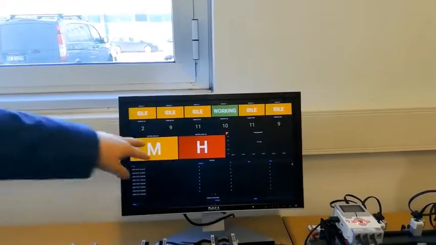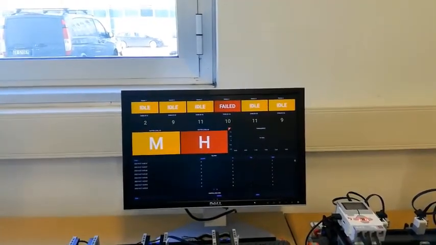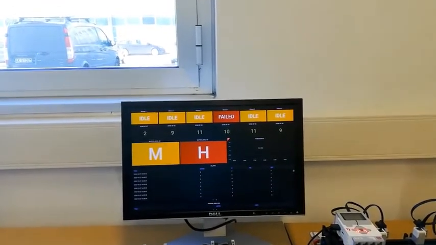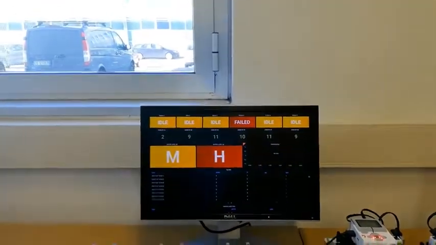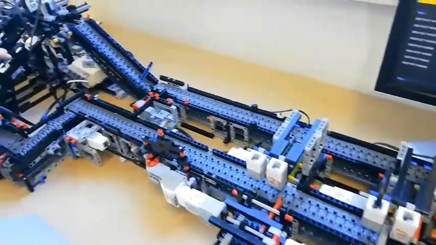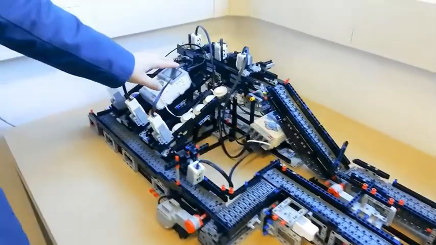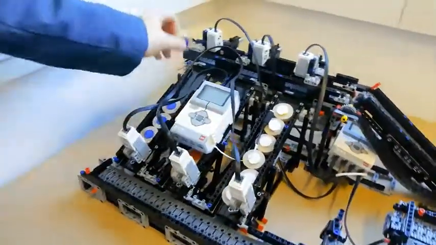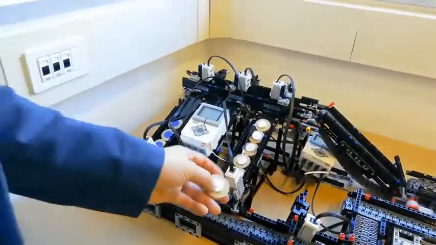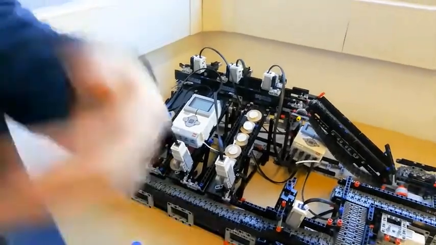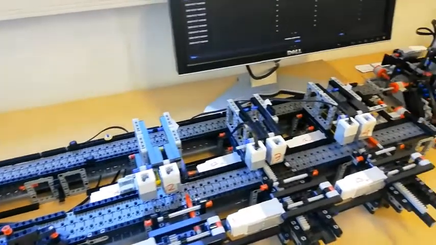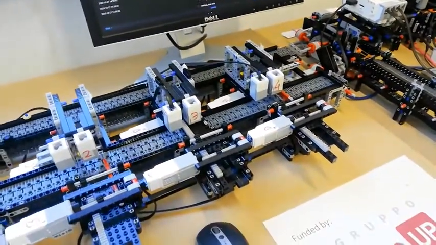And as I was saying, in this way we can collect data from the system and couple the real system with the digital models. Here you see another system that we developed last year. It is a system in which we have three types of parts, so not only red parts but also blue parts and white parts, and in this way we can simulate multi-product lines, so lines in which more than one type of product is being processed.